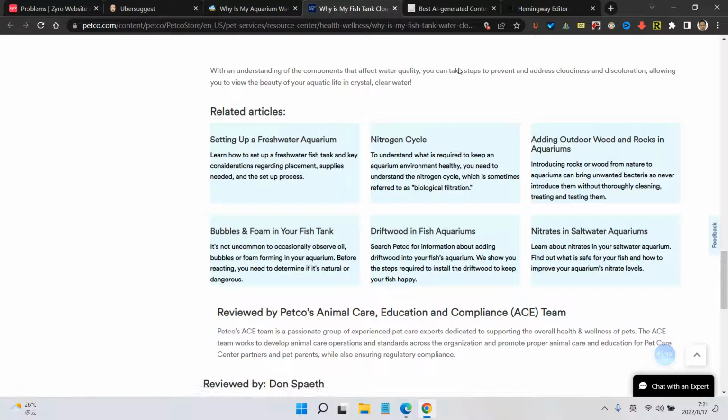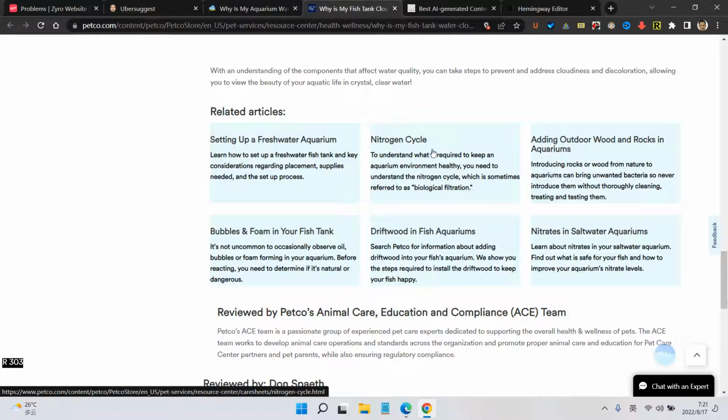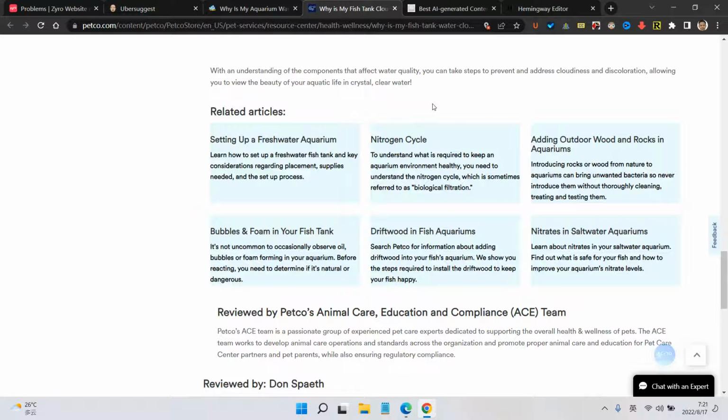So I think their strategy is also covering embedding the bigger page on this page.